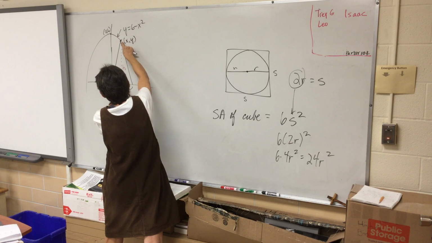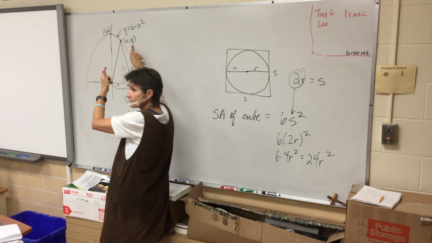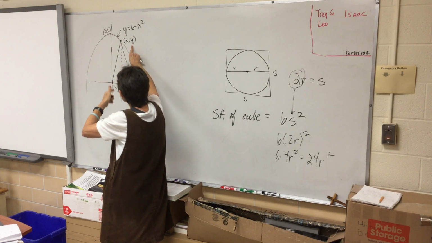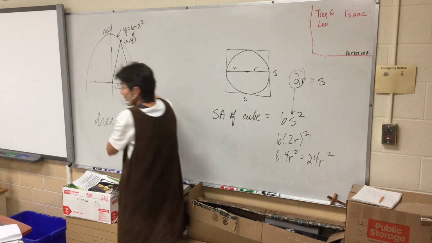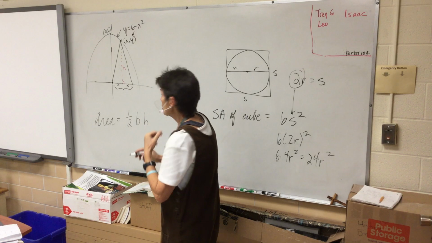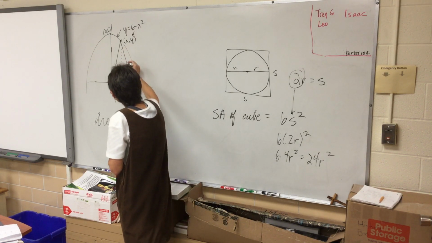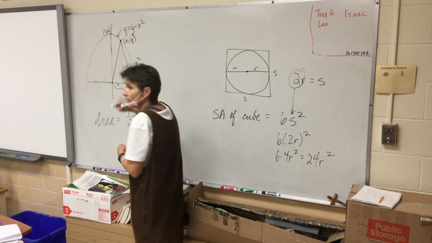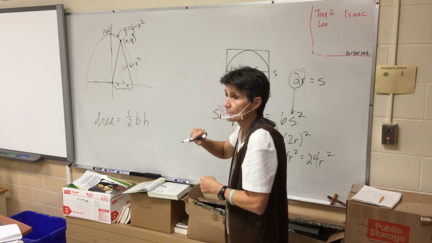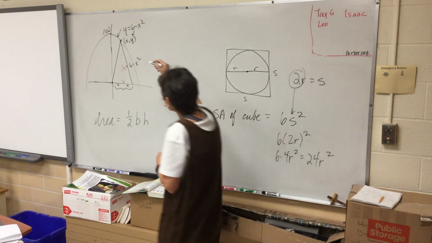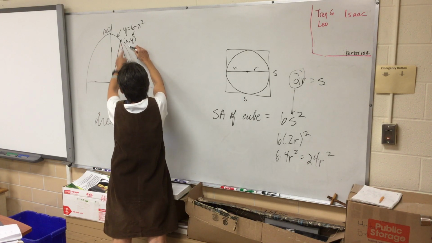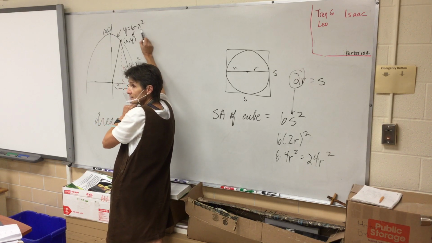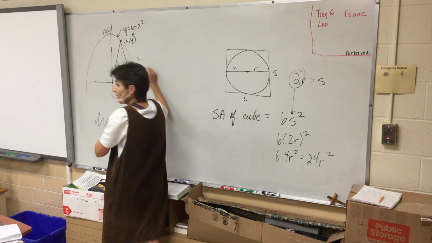This vertex would be at over x, up y, or up h. Now, keep in mind that y is 6 minus x squared. So the height of this triangle is 6 minus x squared, because that point has an x coordinate of x and a y coordinate of 6 minus x squared, because it's on that parabola.